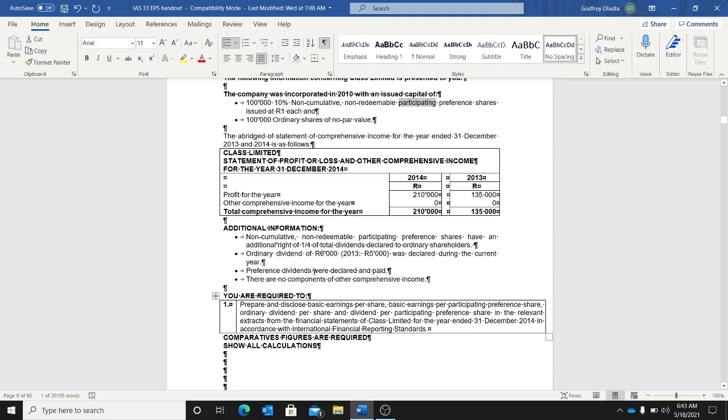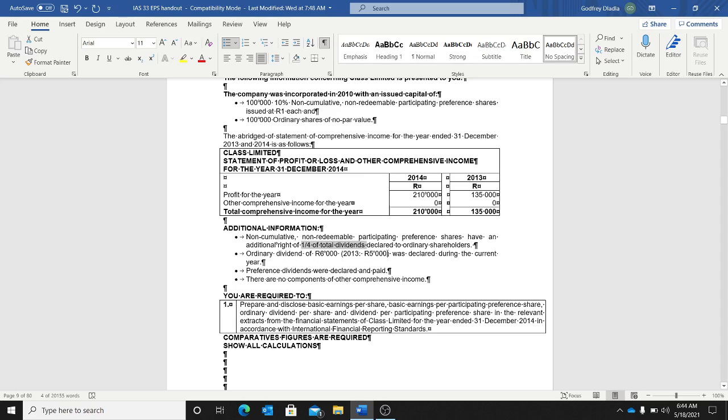These guys who participate have an additional right: 1/4 of total dividends declared to ordinary shareholders. So they get this 10%, and then they get this one too. Like I said, they get paid twice. They participate in profits also.